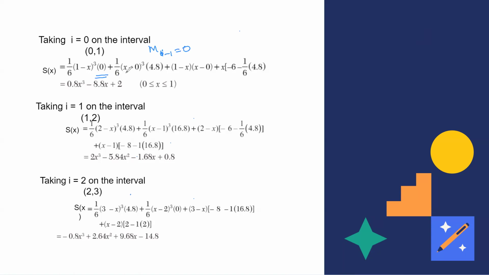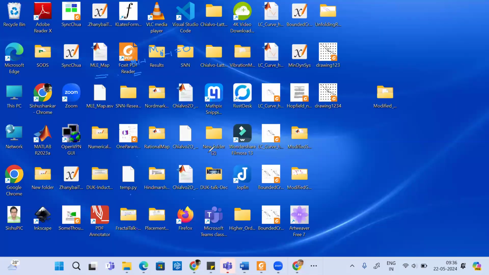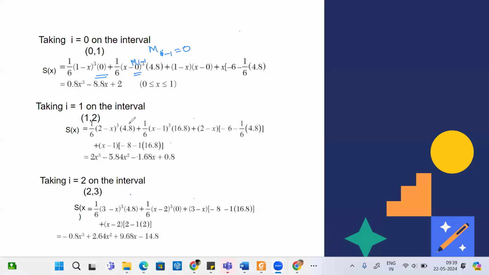Plus 1 by 6 into x minus 0, the whole cube. Here also it is mi minus 1 into 4. I just put the values in this equation, that formula that I showed earlier.